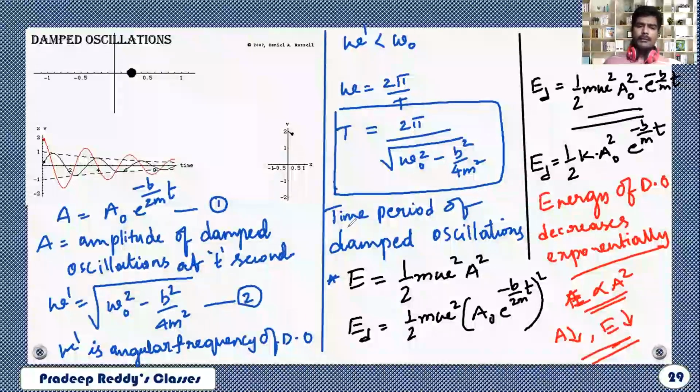So for damped oscillations, both energy and amplitude decrease exponentially with time. After infinite time, amplitude will become zero and energy also becomes zero. That means finally, after infinite time, the oscillations die out. Oscillations completely become zero. Oscillations die out in damped oscillations.